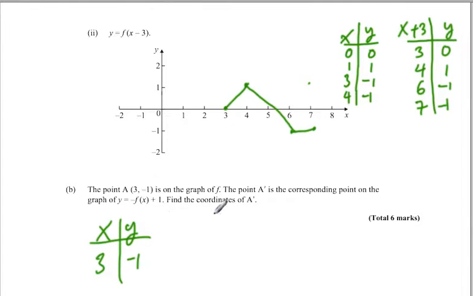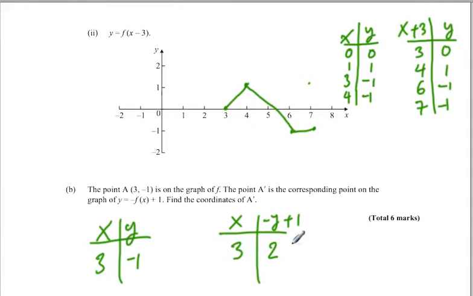This is a transformation. There's a vertical reflection across the x-axis, which affects the y's, and there's also a vertical translation. The x's aren't affected at all, it's just the y, so it's -y + 1. So x stays the same, and the negative of -1 is positive 1, and 1 plus 1 is 2.